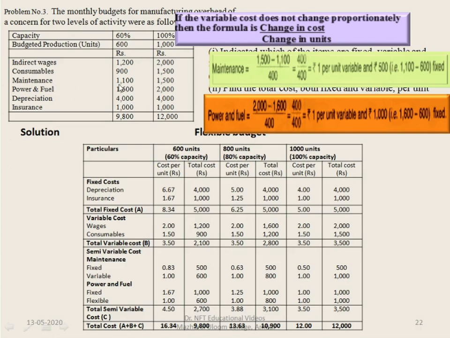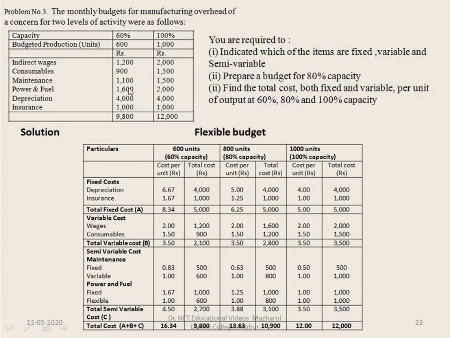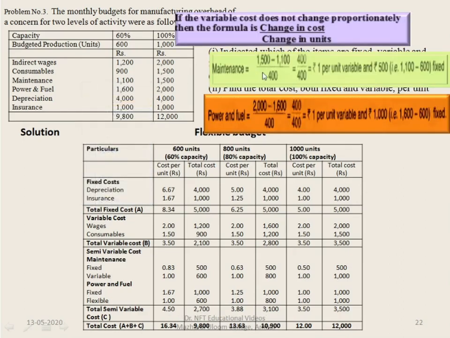In case of maintenance, 1500 minus 1100, which gives you 400, divided by change in units. How much is the change in units? 1000 minus 600 is 400 units. So 400 divided by 400 is 1 per unit. And now the variable cost is rupee 1 per unit.